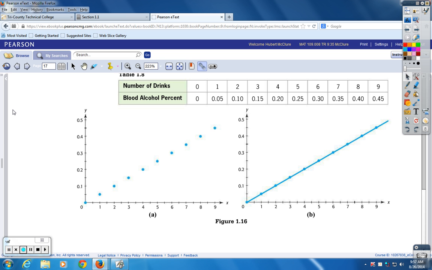That's where your weights are going to be on your test.